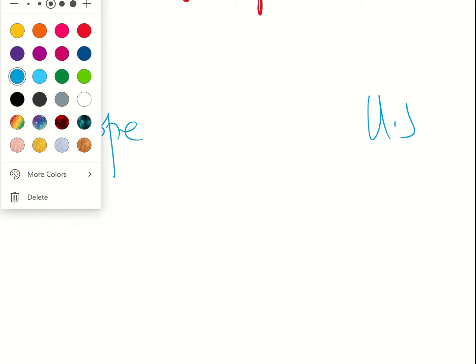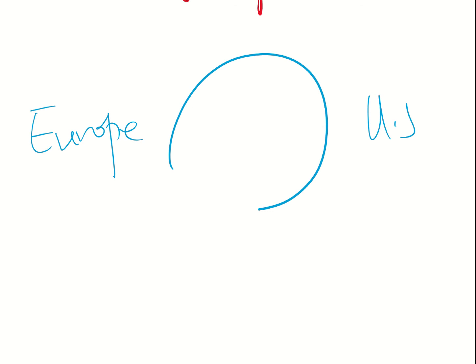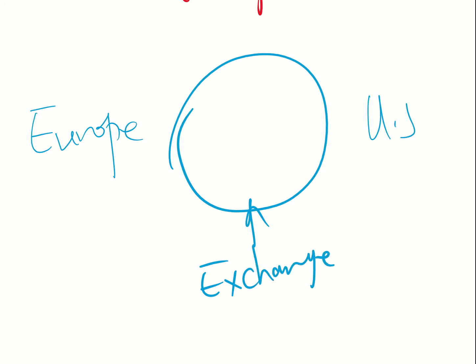Imagine that we have Europe, and then we have US, and then imagine we have a big market in the middle. We call this the exchange market.